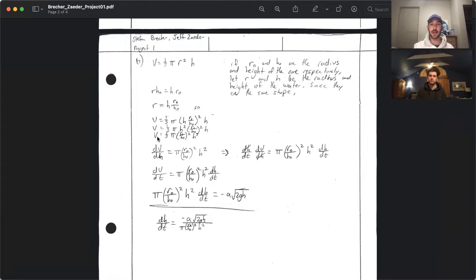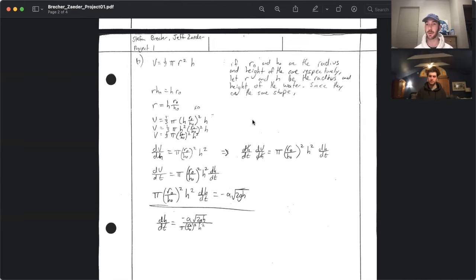And we get our volume equation, the volume of a cone, 1/3 pi times h, times r squared, which is now h times r naught over h naught, squared. Simplify it out, and then we take the derivative to get volume with respect to height, but then realize that the equation requires the volume with respect to time.